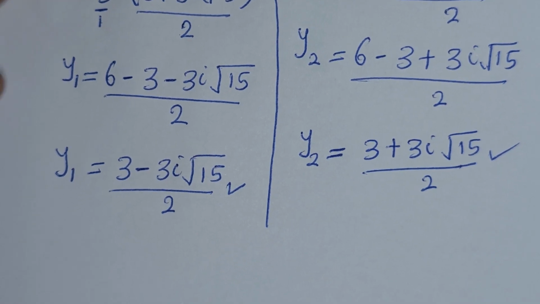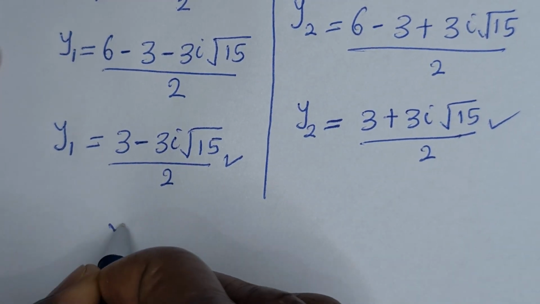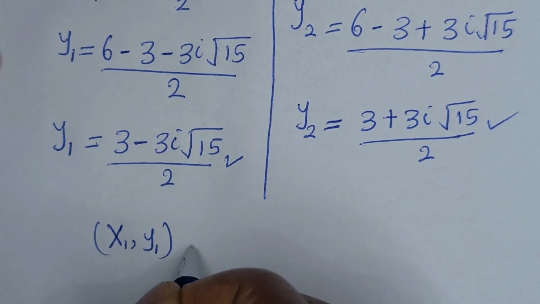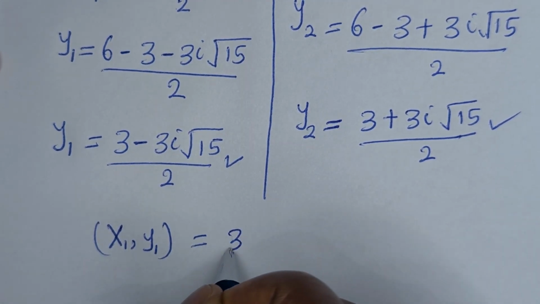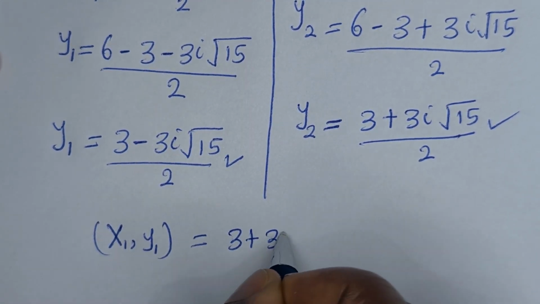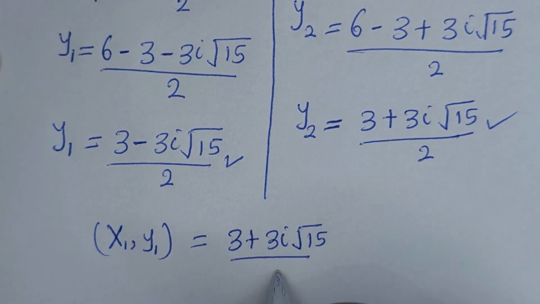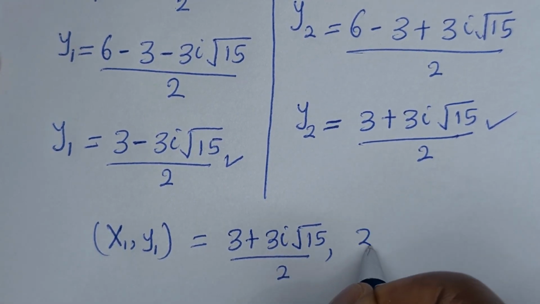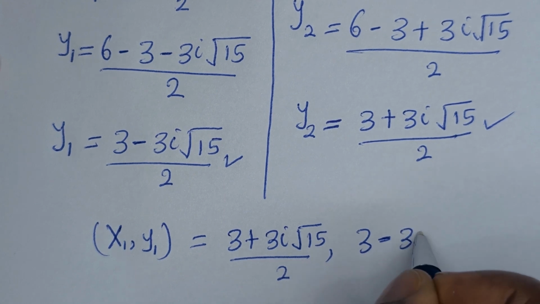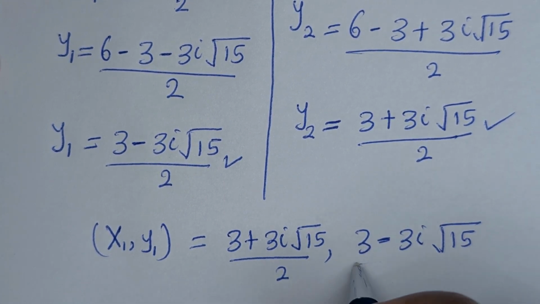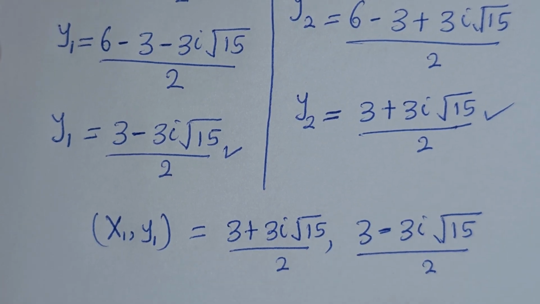Therefore, our final answers are x1, y1 is equal to 3 plus 3i root 15 over 2, 3 minus 3i root 15 over 2.